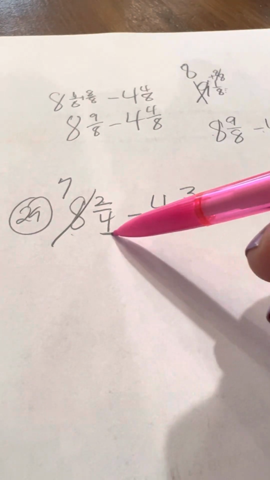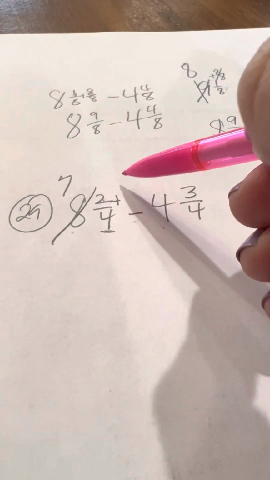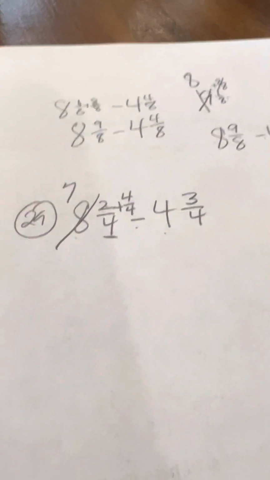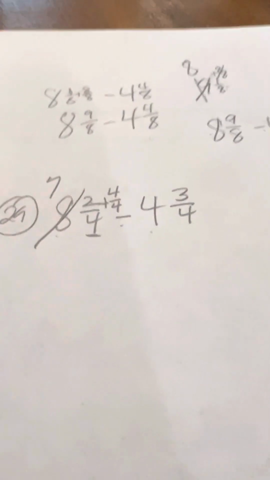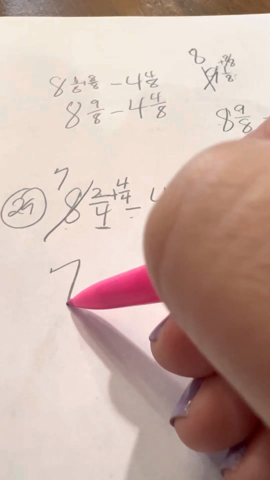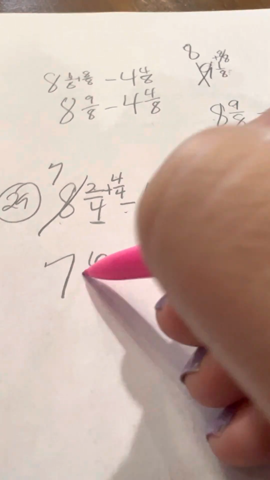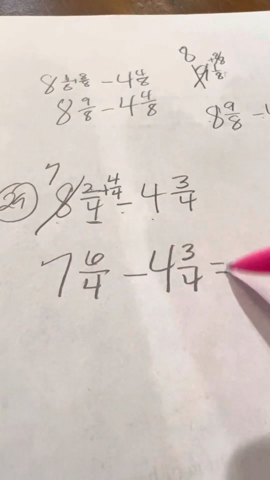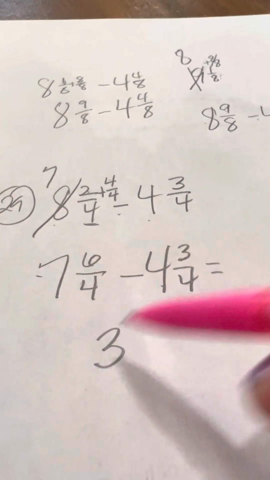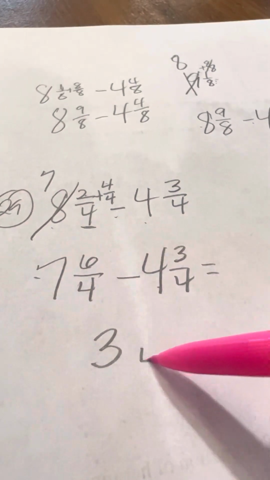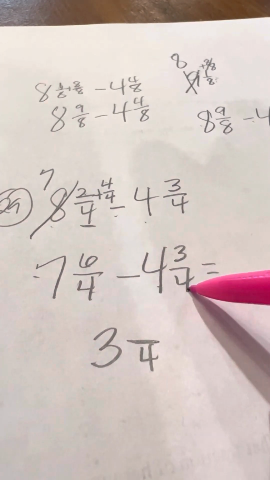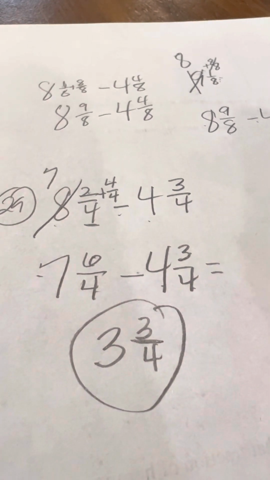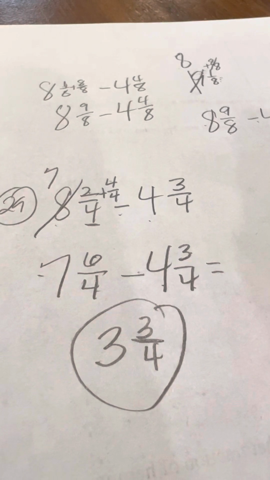My denominator here is 4, so in order to give 1 to this fraction, I'm giving it 4 over 4, and 4 over 4 is equal to 1. So I've given that fraction 1. So that becomes 7, and 4 plus 2 is 6/4 minus 4 3/4. 7 minus 4 is 3. We keep that common denominator of 4. 6 minus 3 is 3. And that answer is going to be 3 3/4.